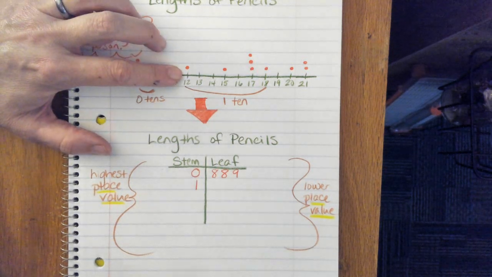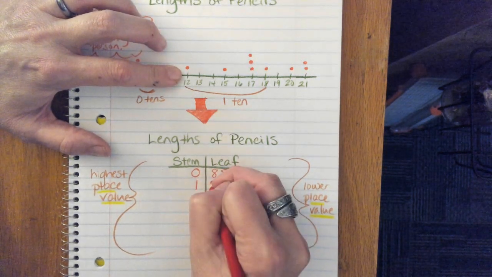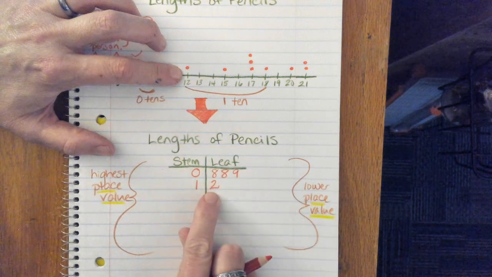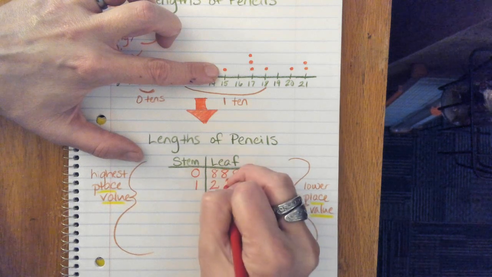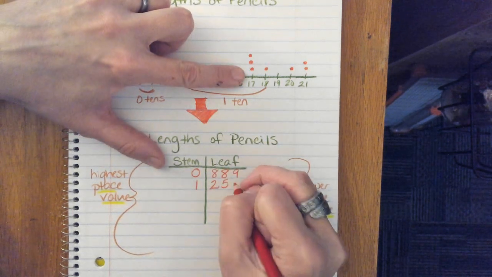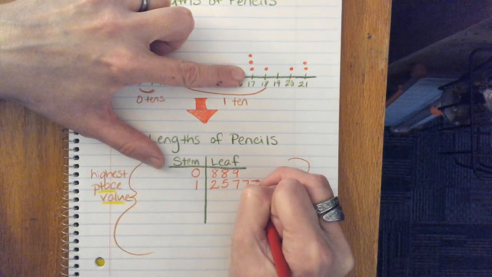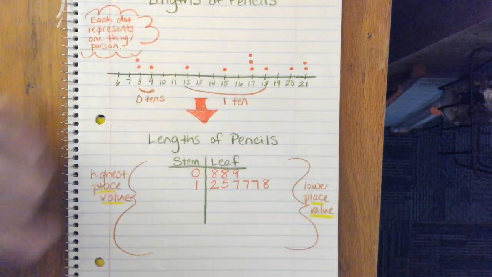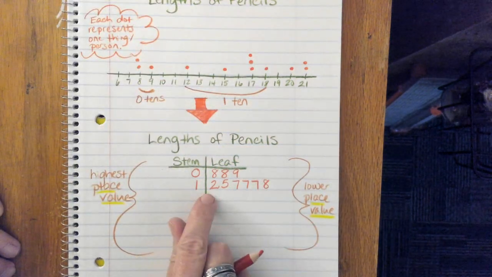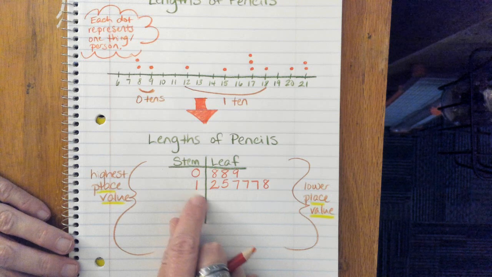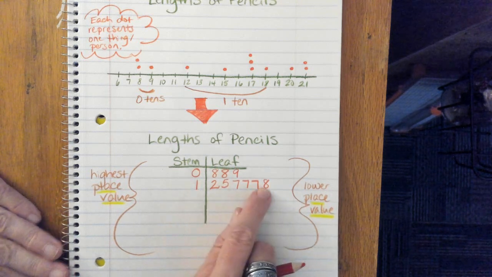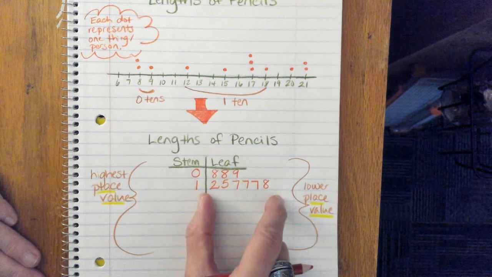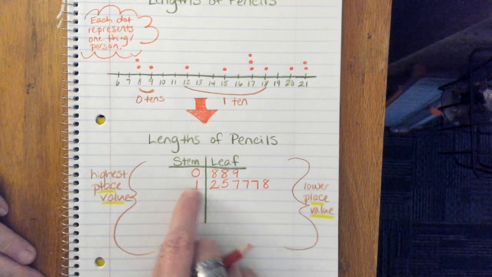So I have 1 12, so the stem was 1, so the leaf is the 2 in the 12, the ones place. 1 5, 3 7s, and 1 8. So this really says 12, 15, 17, 17, 17, 18, because each of these has 1 ten that goes with them.